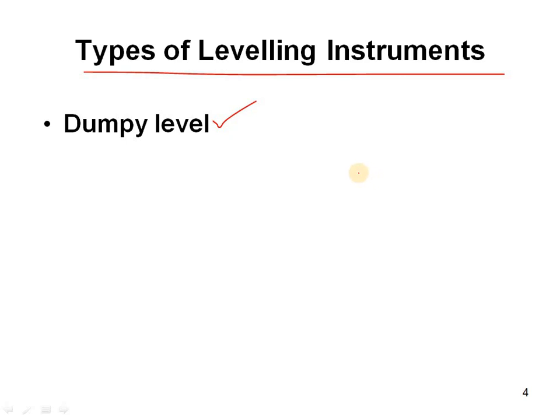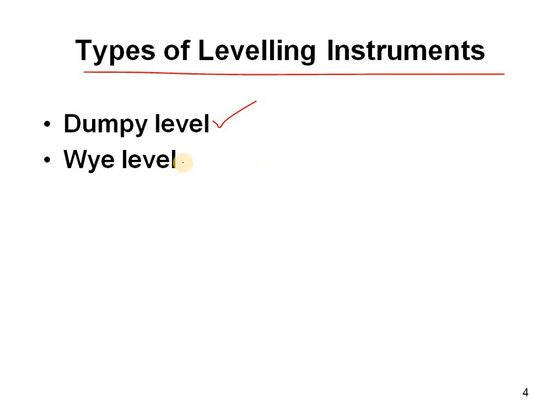Everyone can learn it easily, take the measurements and write them in the field book. So the dumpy level is very useful in surveys nowadays.